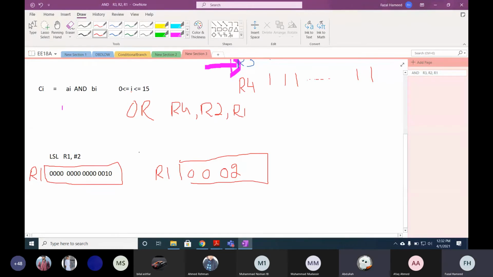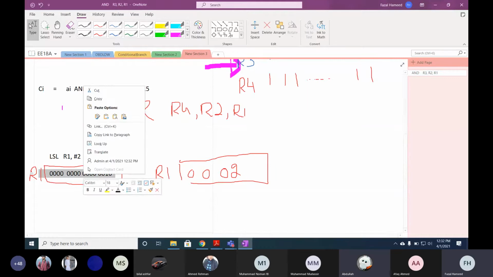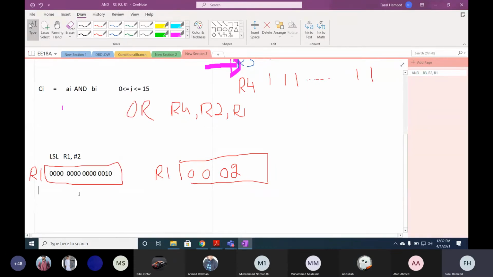Yes sir, right. Okay. So now if I shift it from the left hand side by 2 places, what will be the new contents of R1? 0 0 0... No. So we are shifting it left. 2 zeros will be inserted. Am I right or not?